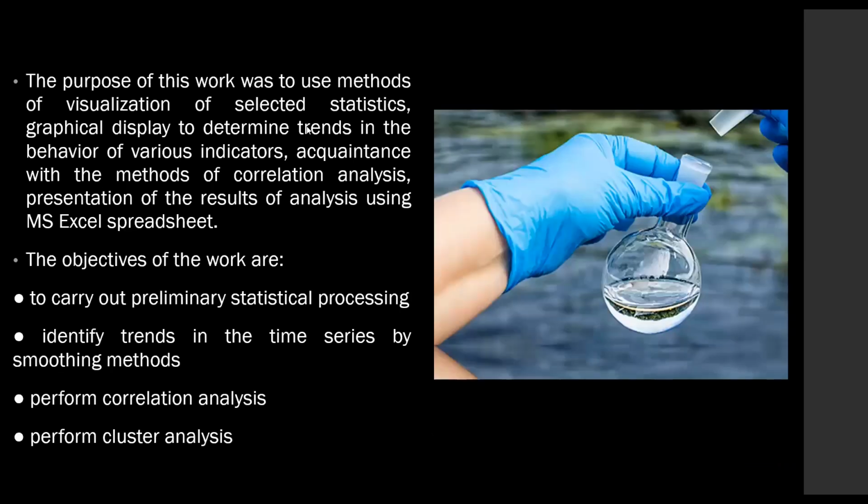The purpose of the work was to use methods of visualization and statistics to graphically display and determine trends in the behavior of various indicators, with the method of correlation analysis, presenting the results of analysis using Microsoft Excel spreadsheets. The object of the work is to carry out preliminary statistical processing, identify trends in the time series by the smoothing method, perform correlation analysis, and perform cluster analysis.